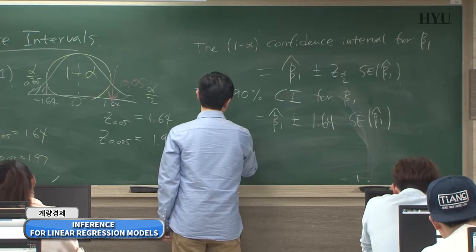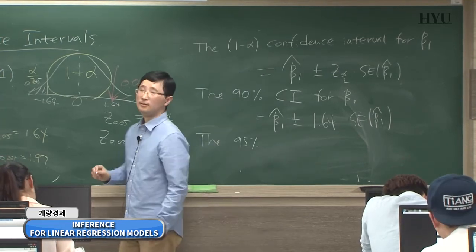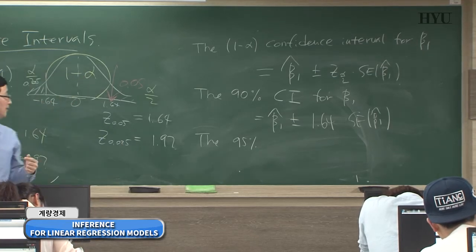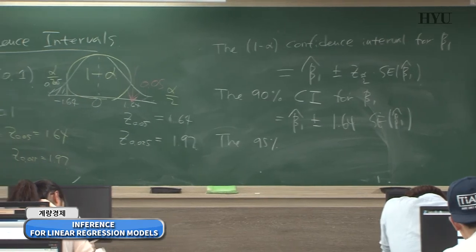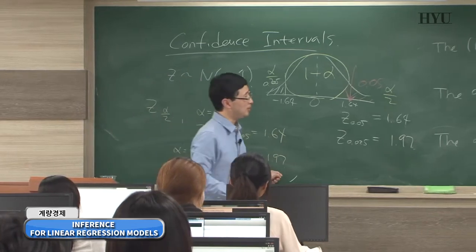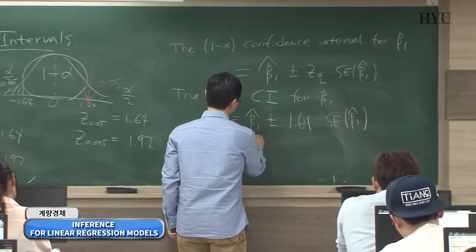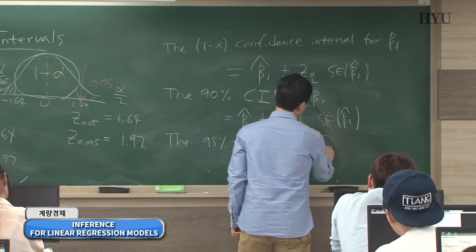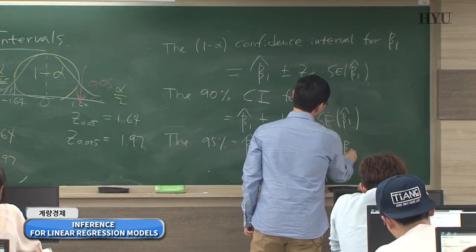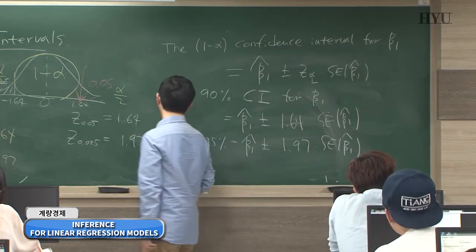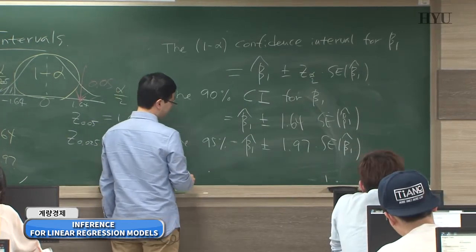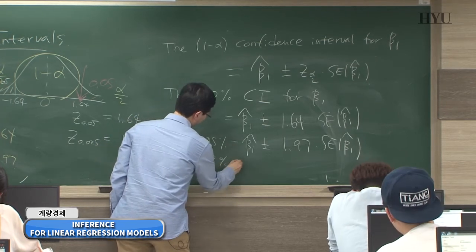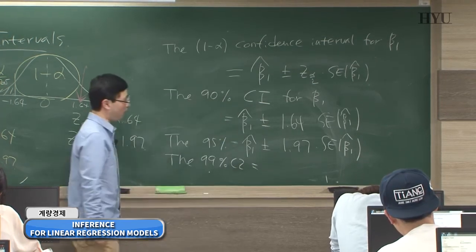What about 95%? So 1 minus alpha is 95%, 0.95. Alpha is 5%, 0.05. The g value is 1.97. So we can go further. What about the 99% confidence interval for beta 1?